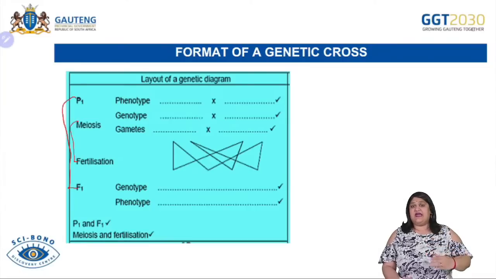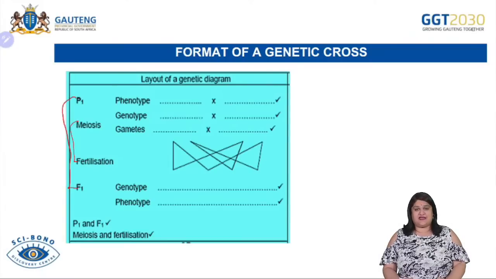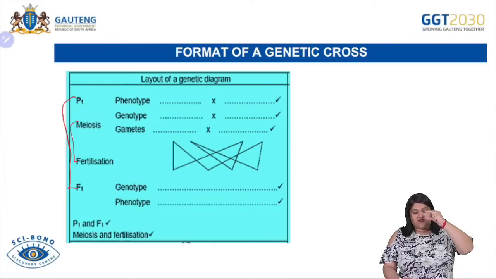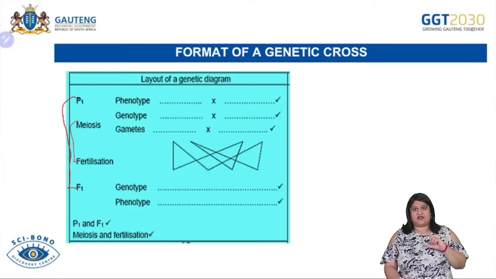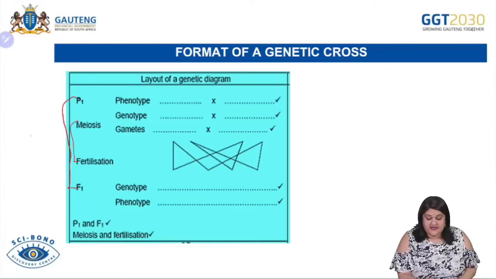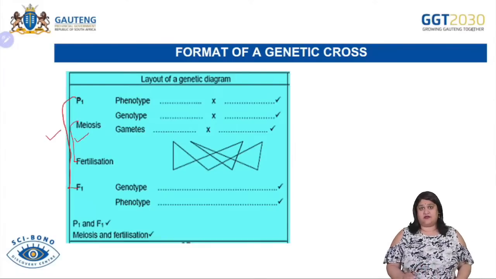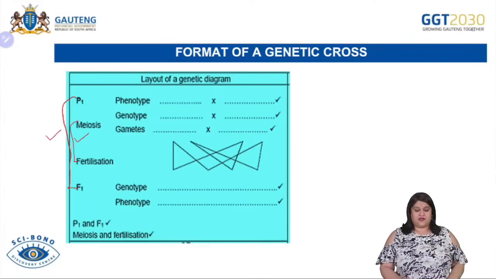Whereas the F1 is the offspring or the filial generation, so therefore it is towards the bottom after fertilization has taken place. The next thing to remember is the place where meiosis and fertilization fit. Meiosis happens before fertilization. So those are already 2 marks, right? I call them Mahala marks, because these 2 marks you go into the paper with. It's nothing that you study for.